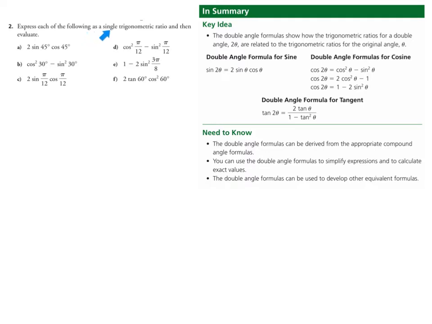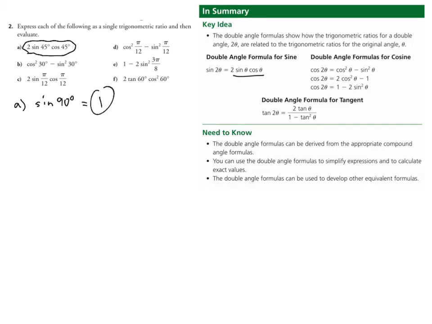Express each of the following as a single trig ratio and then evaluate. Right. So 2 sine theta cos theta is sine of 2 theta. So this is equal to sine of 2 times 45 degrees, sine of 90 degrees. Sine of 90 degrees is just 1.